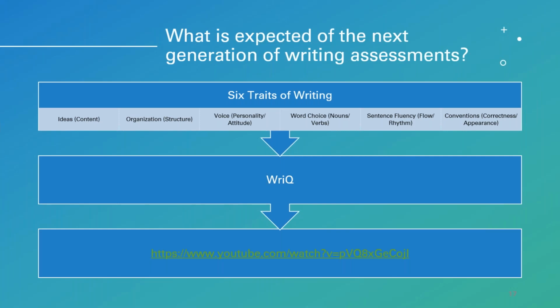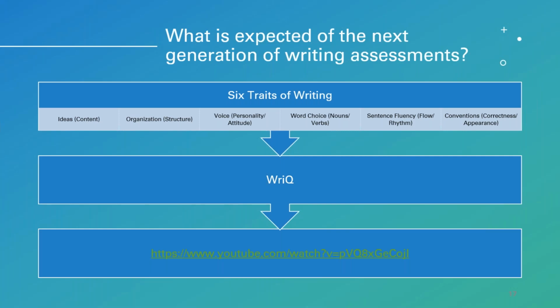Well, this particular tool, WriQ, grades papers digitally in Google Docs. It assesses the quality of writing, measuring productivity, how much students write, accuracy, how many errors they make, speed at which they write, and the maturity of the vocabulary they use when they're writing.